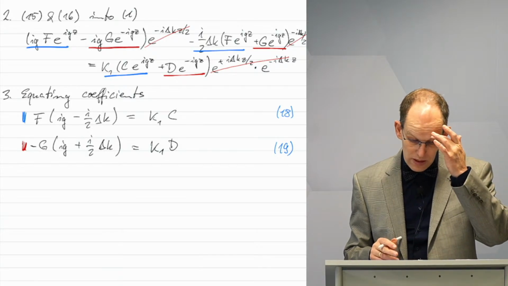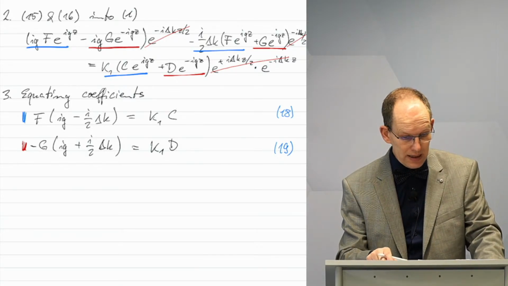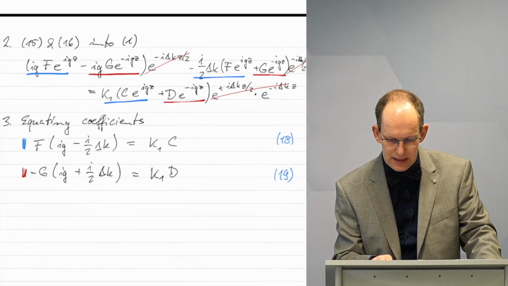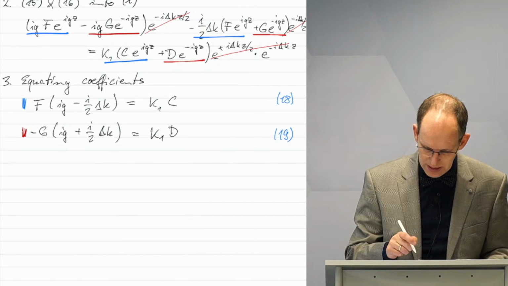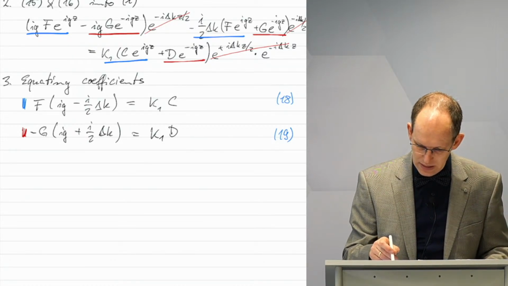So we can do the same thing by substituting 15 and 16 into equation 2, the other one of our coupled wave equations. So let's do that.